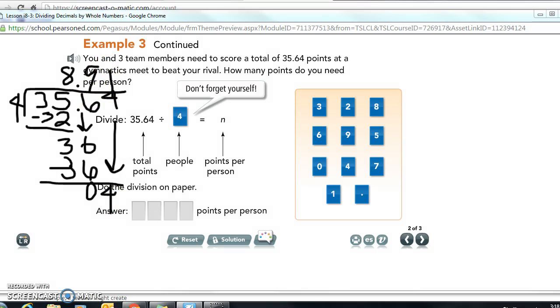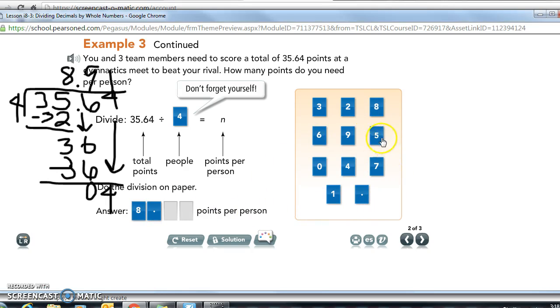Once. So I know then that my answer, or my quotient, is 8.91. Okay, if you're confused, call me over or go ahead and freeze your screen and rewind so that we can rewatch it.